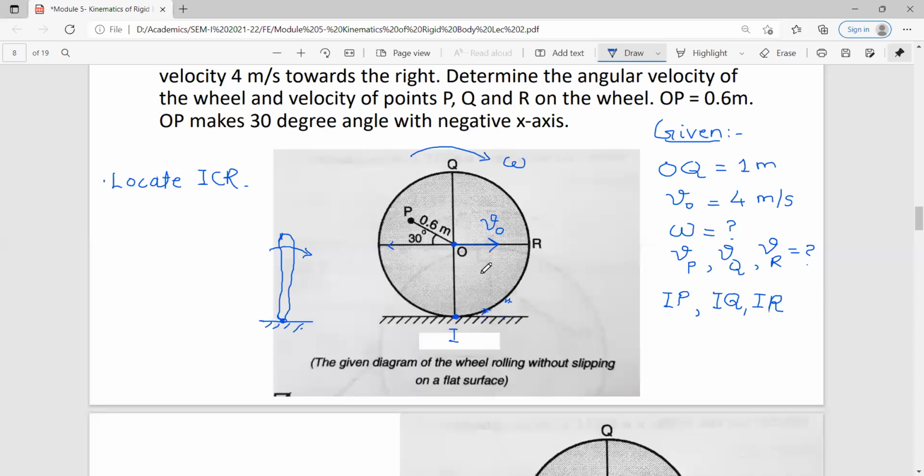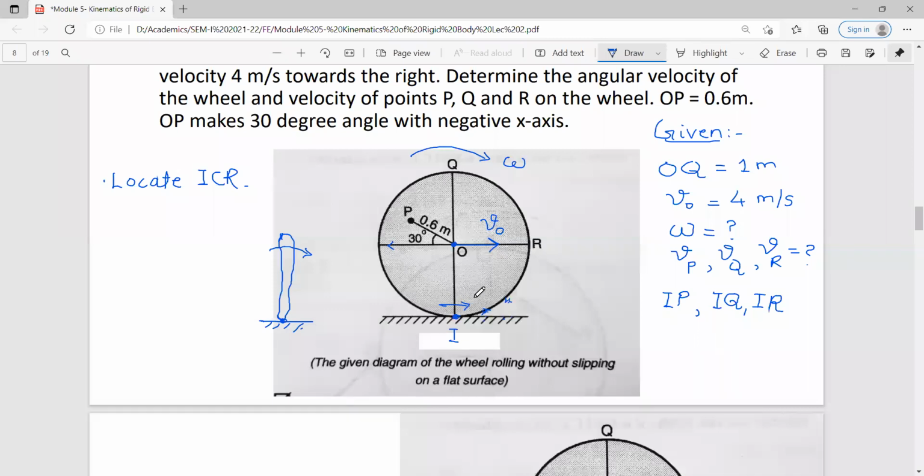And what is happening in this case? Slipping is not happening. Slipping is what? That from the point of contact itself the wheel is slipping. Slipping means they are dragging it along. It is not rolling. So when you apply brakes in cars, at that time what happens? The wheels slip forward, because of which there is more wear and tear of the wheel.